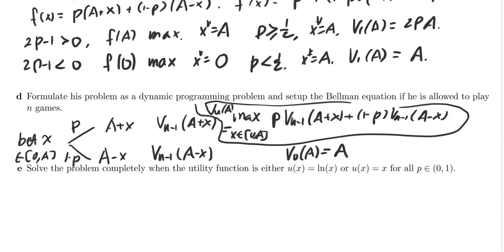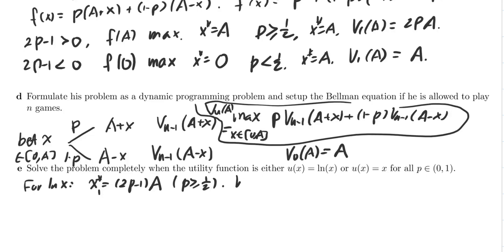All right, last part, we have two utility functions. For log x, it's pretty long, but we can write down the solution over here. Solving it completely, we will see each time we will bet 2p minus 1 of the current fortune. So the first one is going to be just a, okay? And this is when p is greater than or equal to 1/2.